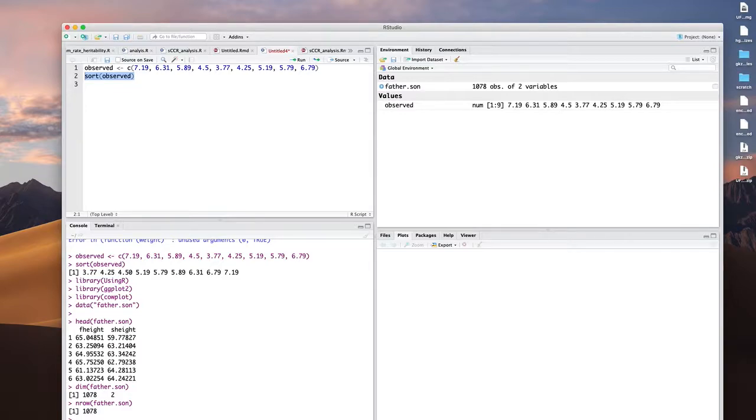So there's 1078 paternal heights. We're giving it that data, we're saying qqnorm, we're giving it those 1,078 data points. What's it doing behind the scenes to figure out the theoretical quantiles? It's 1,079, yep.